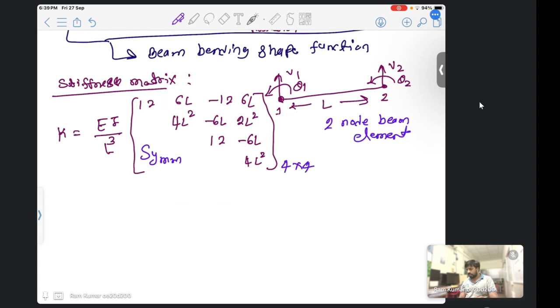Okay, or I will write the full matrix also. This is a symmetric matrix.